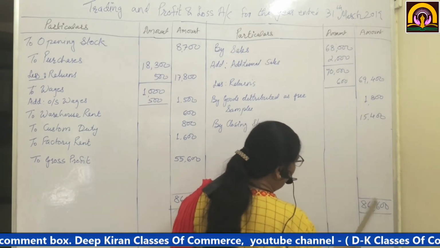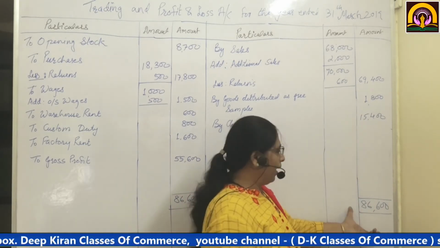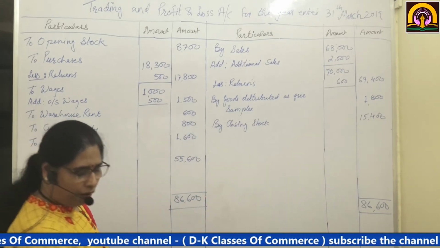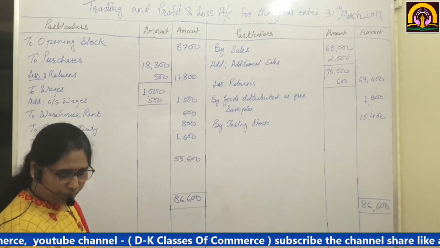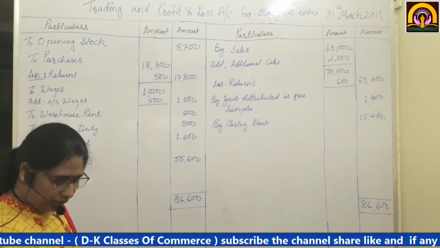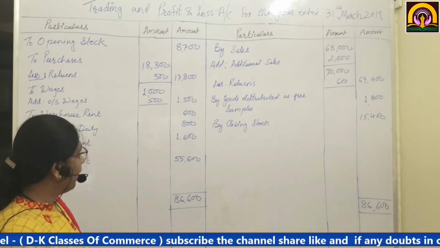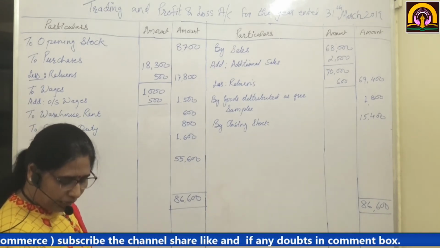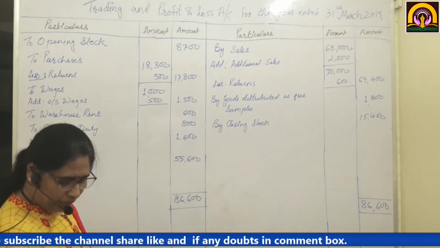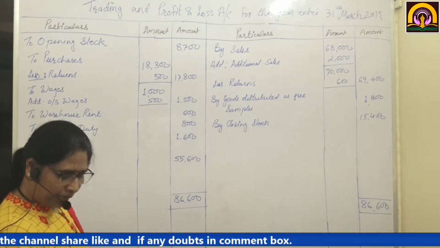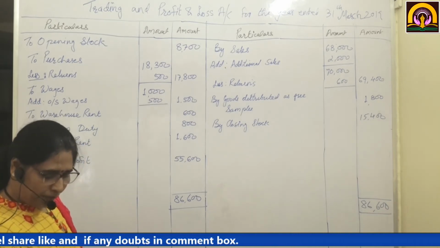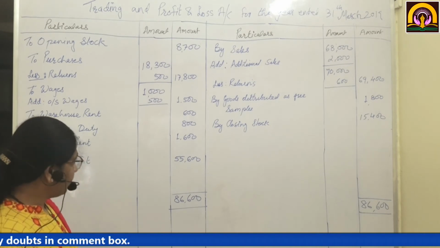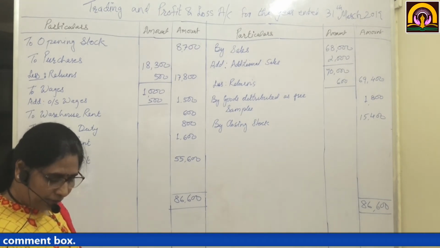Now the total of this comes to 86,600, whereas the total of the debit side comes to, see, 8,700 plus 17,800 plus 1,500 plus 600 plus 800 plus 1,600.